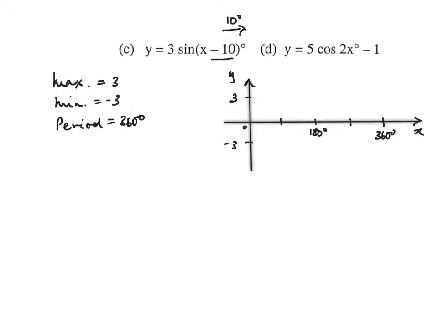And then what I'm going to do is to draw the graph of sine x as a dotted line. And I want to move each of these points 10 degrees to the right. So approximately here, doesn't need to be exact.